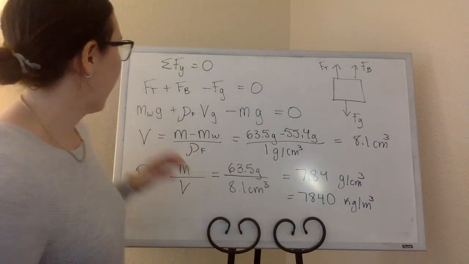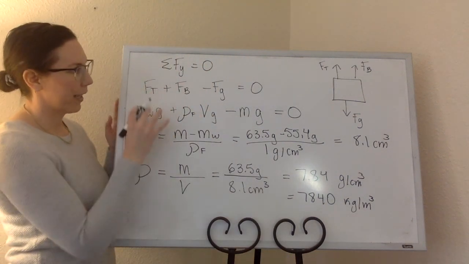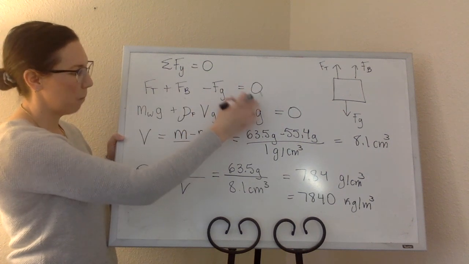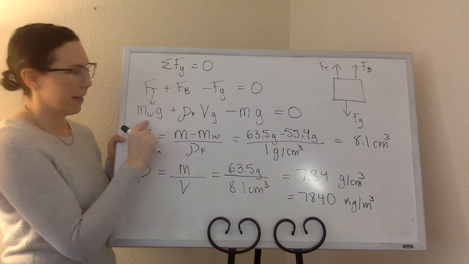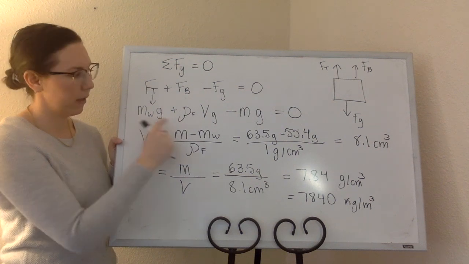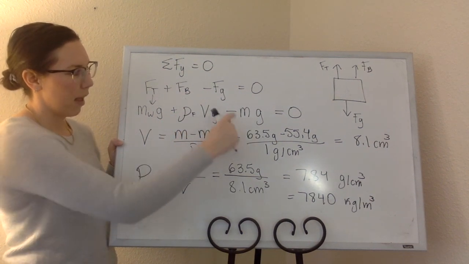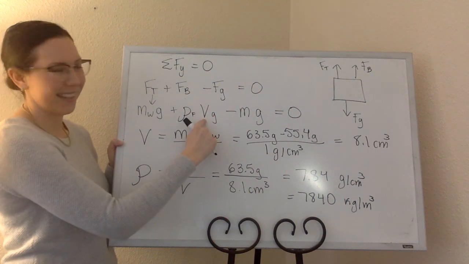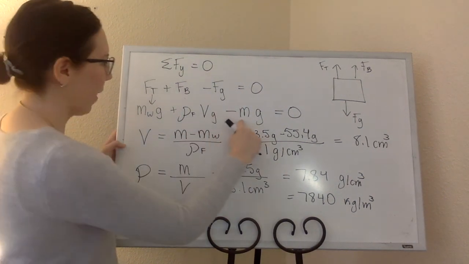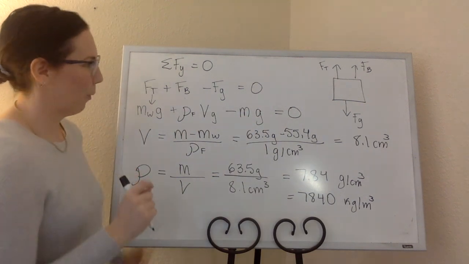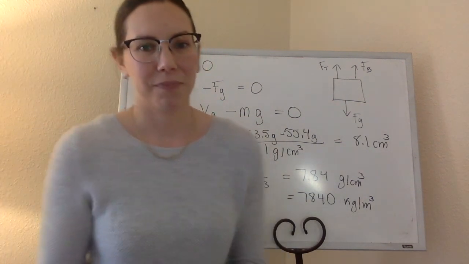So writing out the net force equals 0, looks like the last question, Ft plus the buoyant force minus Fg equals 0. The tension is this apparent mass, so the mass in water times g, plus the density of water, Vg, and again it's fully submerged, so that's the volume of the object, minus the true mass times g, to give us the weight equals 0.